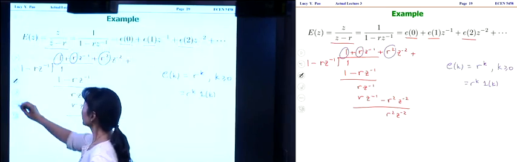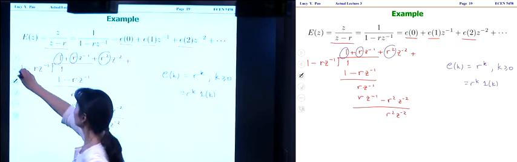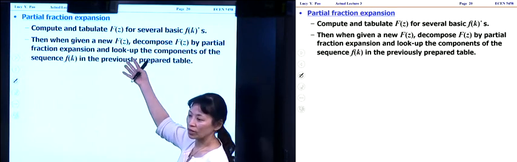Okay, but in general, if you're interested in what the full inverse z transform is, what that full f of k is, it's best to use partial fraction expansion. Because for anything more complicated, it's going to be hard to extract out a pattern. The idea of partial fraction expansion is you take some basic discrete time sequences, compute the forward z transform, make a table of these.